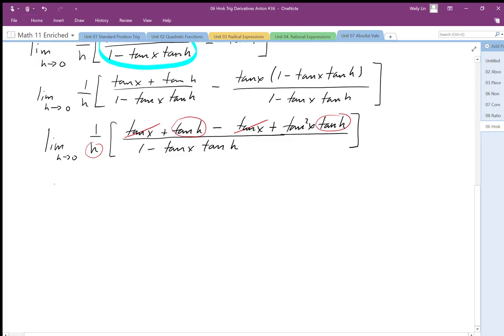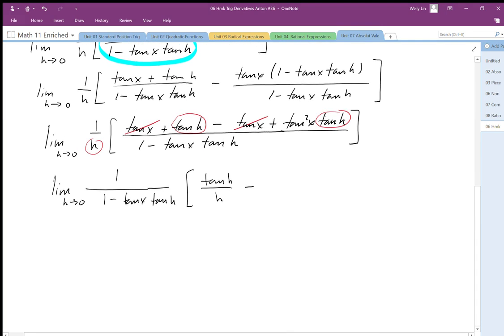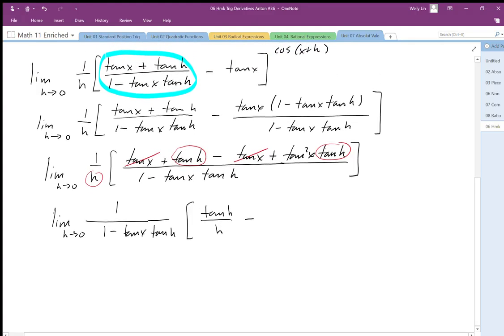So the limit as h goes to 0 of 1 over 1 minus tan x tan h, and then I'm going to put in my tan h over h, minus, this becomes tan squared x.